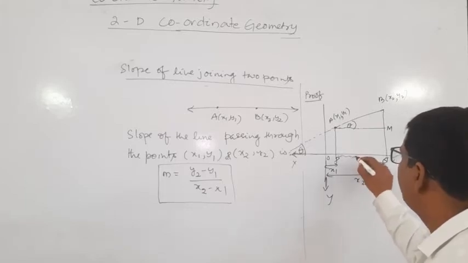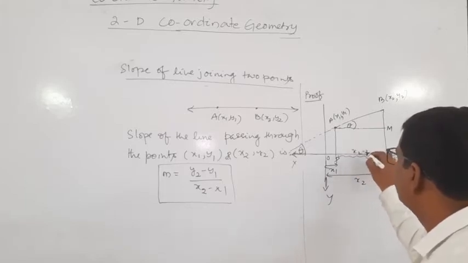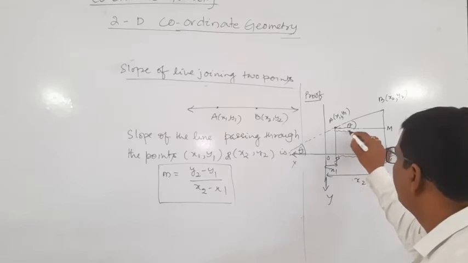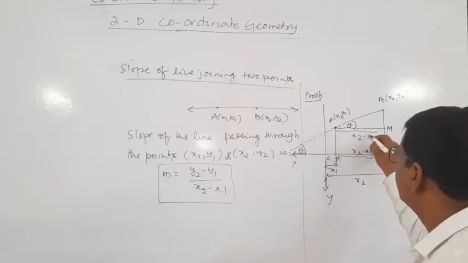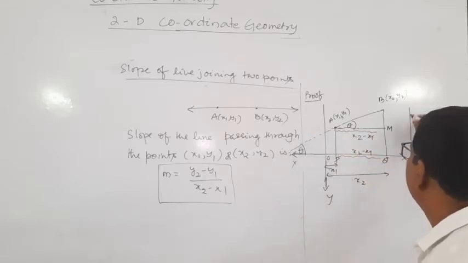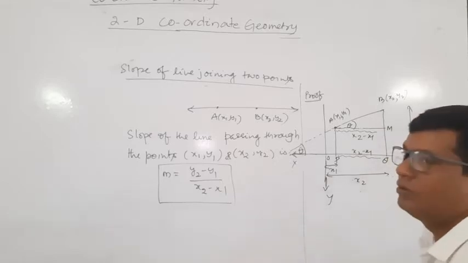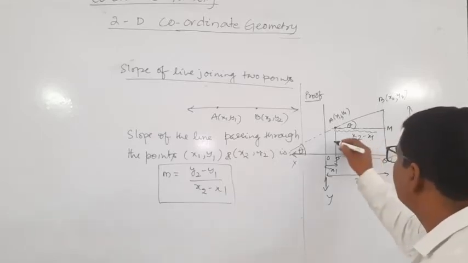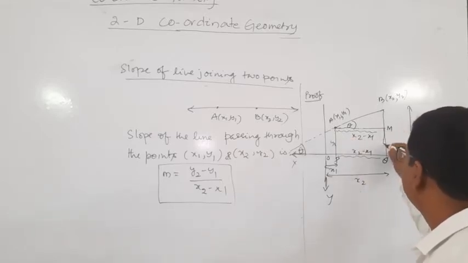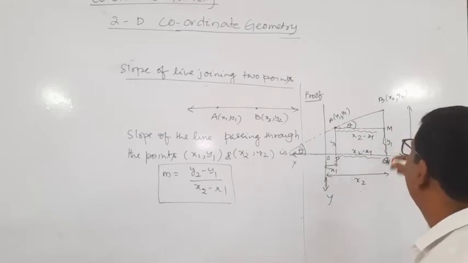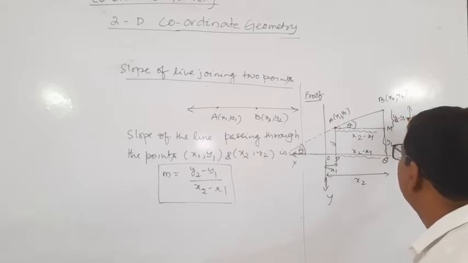This portion will be x2 minus x1. Whole portion is y2, this portion is y1, and this portion will be y2 minus y1.